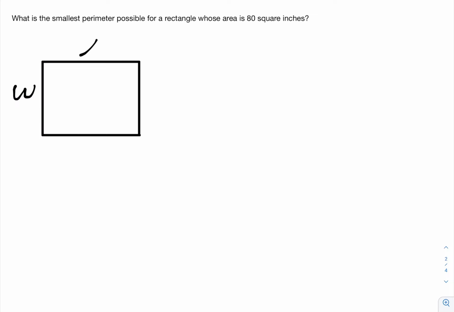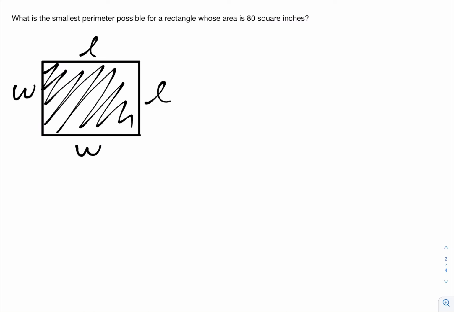Let's call this width, length, width, length. We're really saying that the area is 80 square inches. So remember, in the above question, we always started with the equation that involved the parameter. So right now, this is our parameter, 80 square inches. So the length times the width, that's the area, is going to equal 80.